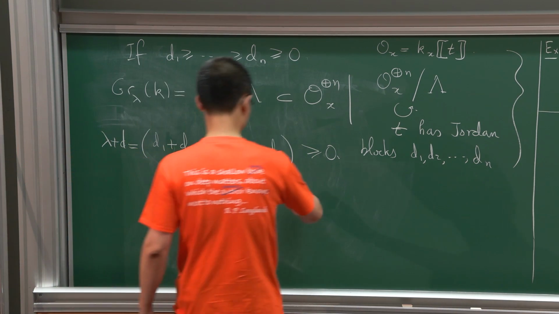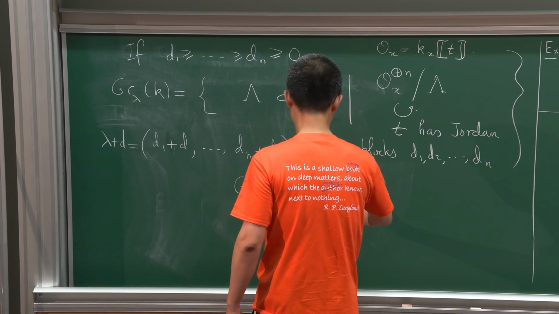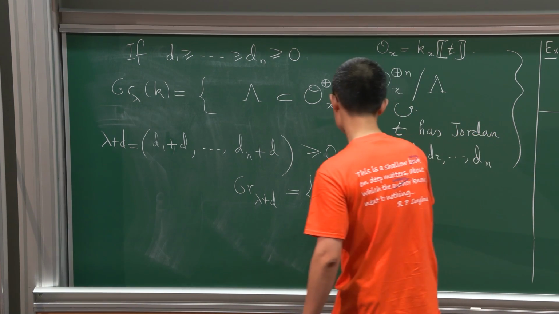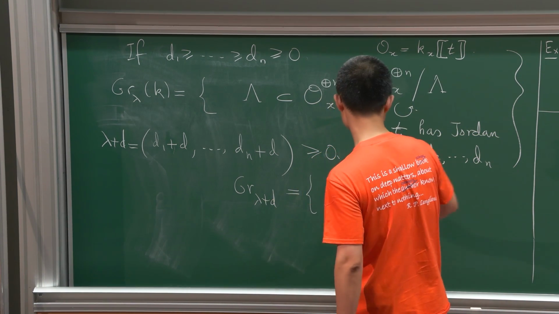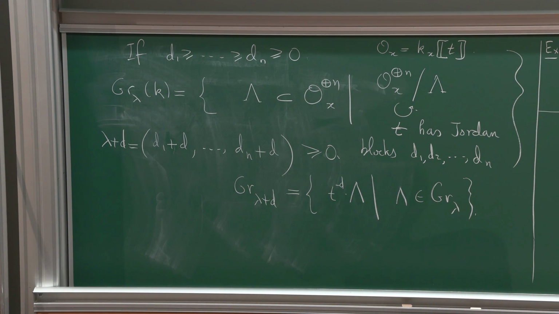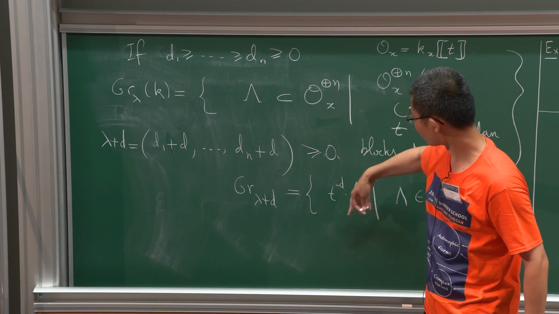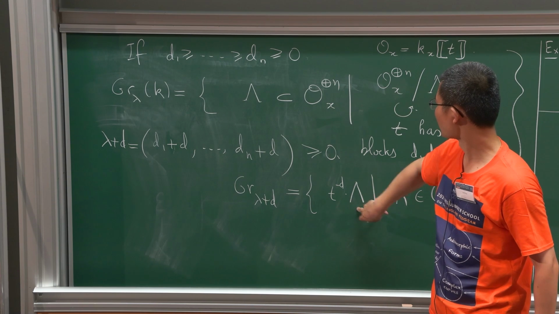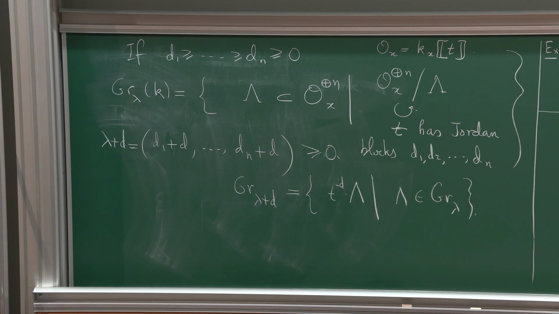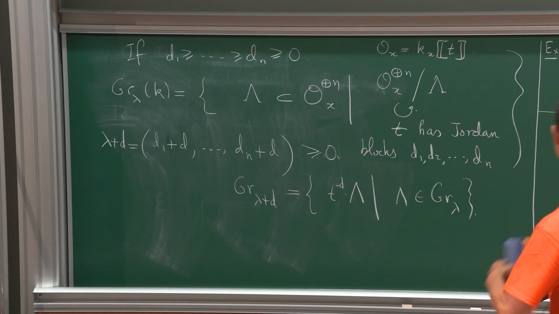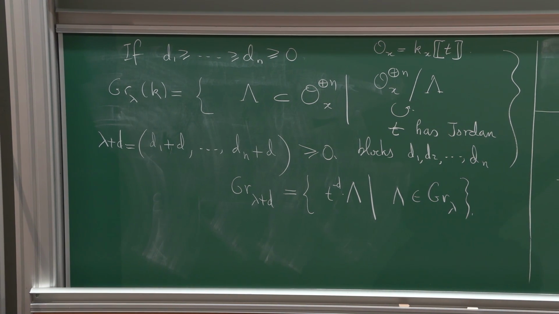This will be those lattices that are of the form t to the minus d times those lattices that are classified by Gr lambda. Now you shift it, you enlarge it, so that these lattices will not necessarily be in the standard lattice. And as lambda varies, we do get a decomposition.